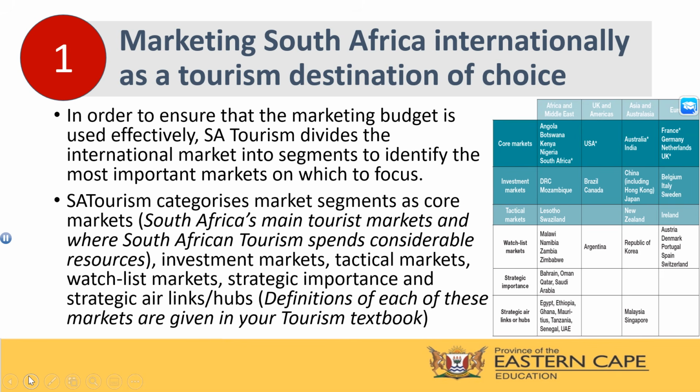Perhaps we can just focus on the first one, which is a core market, a market in which South Africa is a main tourist market of South Africa, and South African tourism spends considerable resources. And obviously that is one of the markets that is giving the most return. And there's a variety of other market segments that are given on your screen. I'd like to refer you to your tourism textbook, and you must go and have a look at the various definitions of each so that you understand that fully.